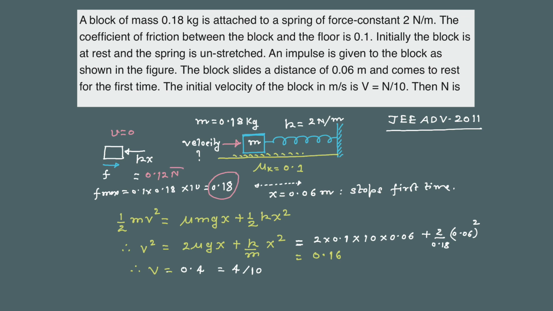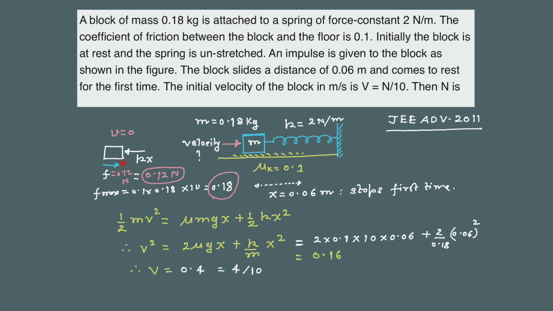Required friction is kx, that is 0.12 Newton. So friction is having more capacity than it required. The friction will act actually equal to 0.12 Newton. Friction force will be only 0.12 Newton and it will keep the block at rest.